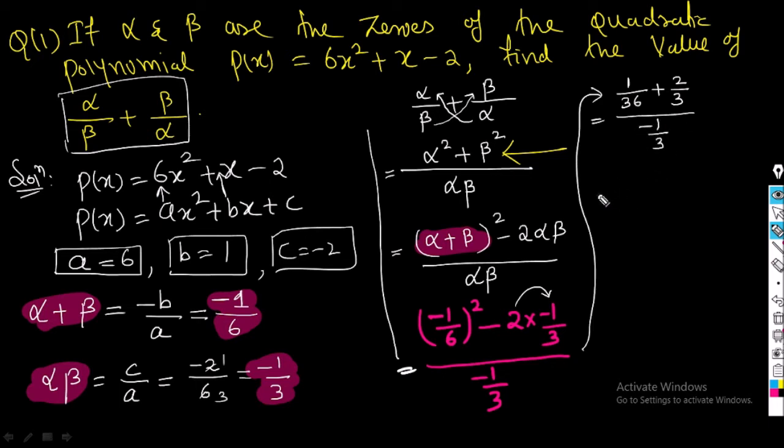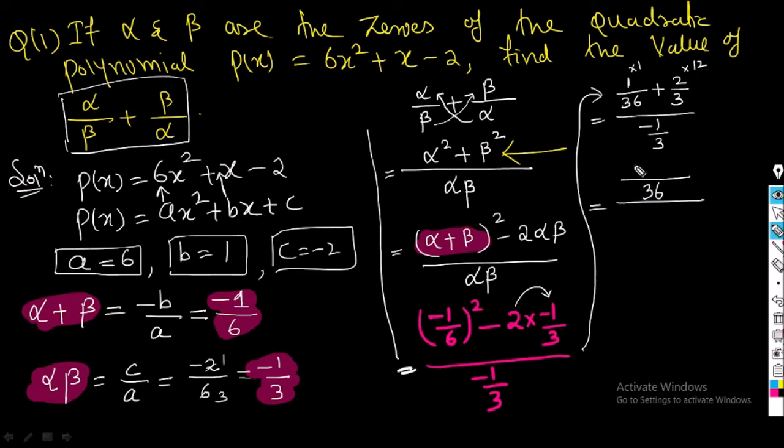In the numerator we have 1 by 36 plus 2 by 3. First I will take the LCM of 36 and 3, which is 36 only. So here I should multiply by 1 and here I should multiply by 12.